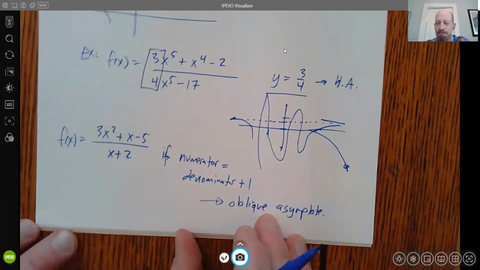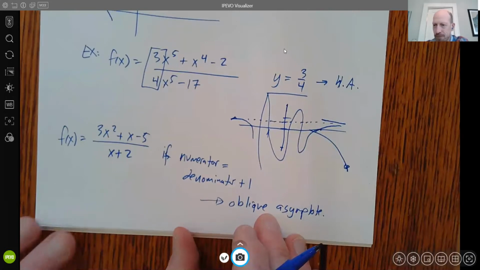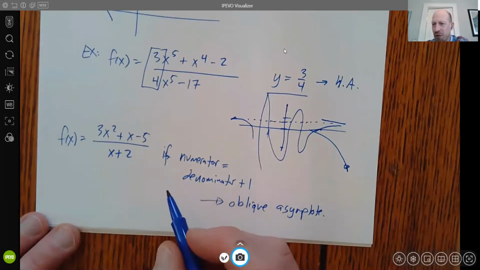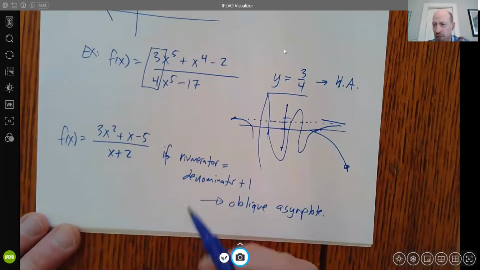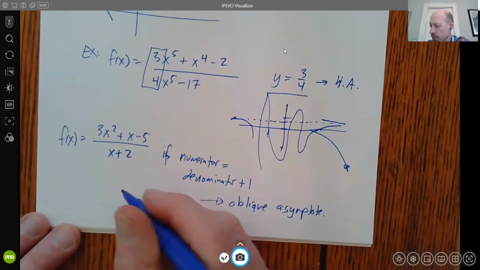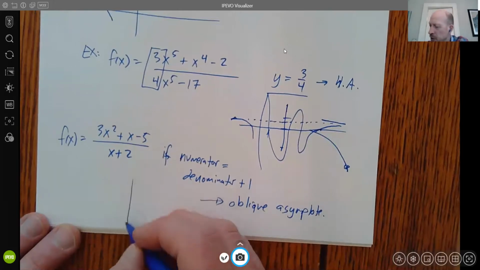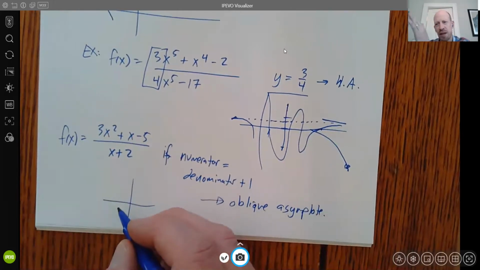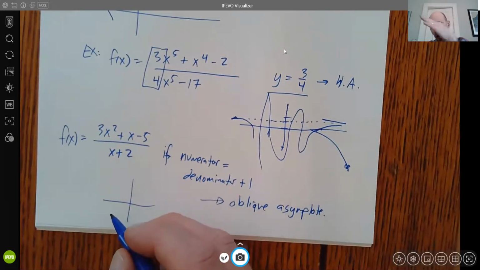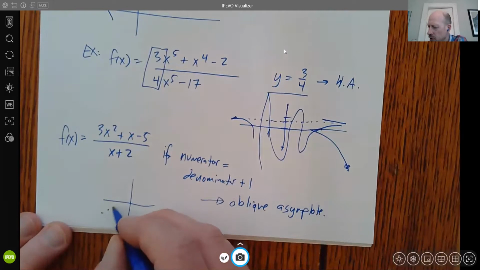This is kind of like 4.2 stuff, so I'm going to wait to talk about how we find that. But oblique means on an angle. So horizontal asymptote is a straight line, oblique would be on an angle.